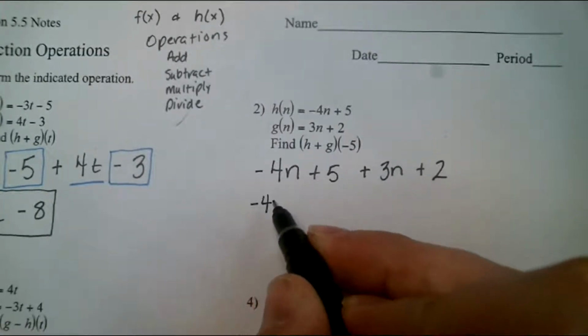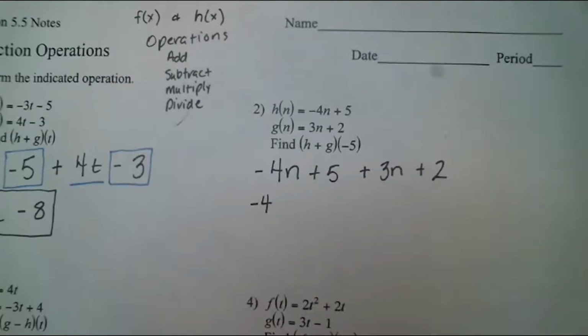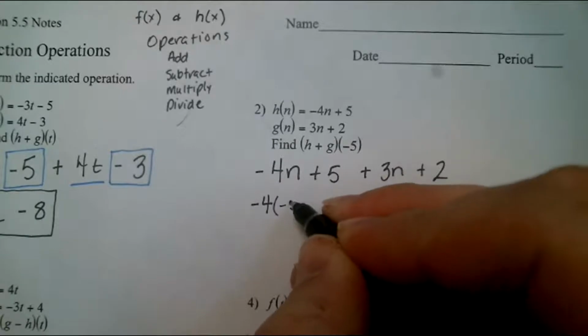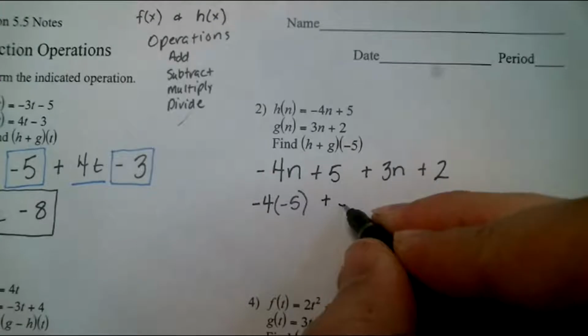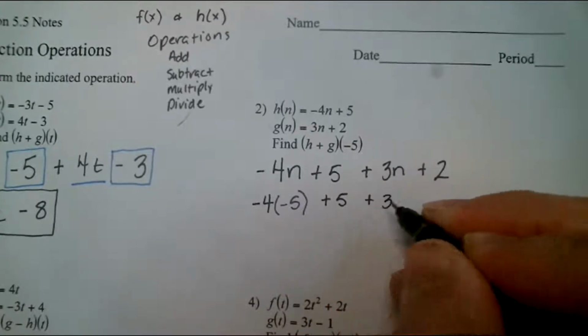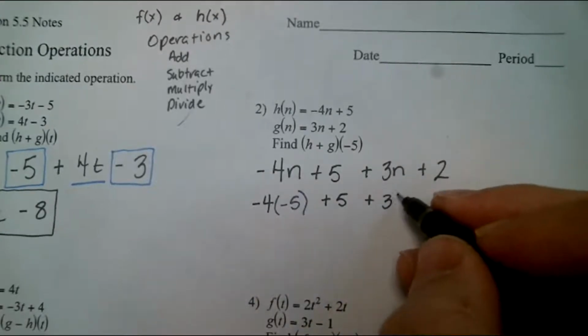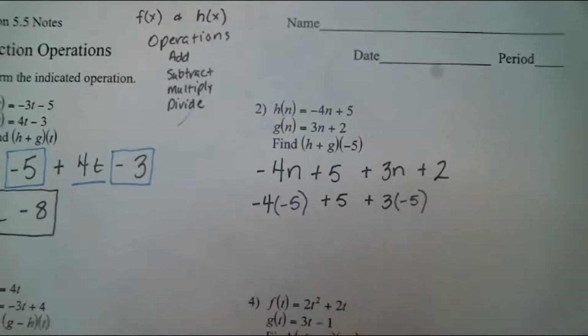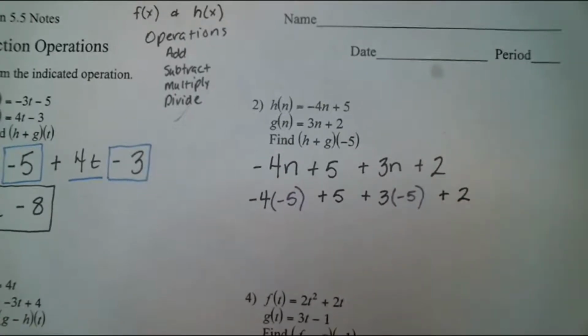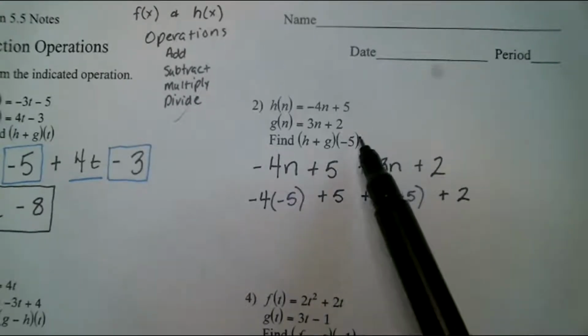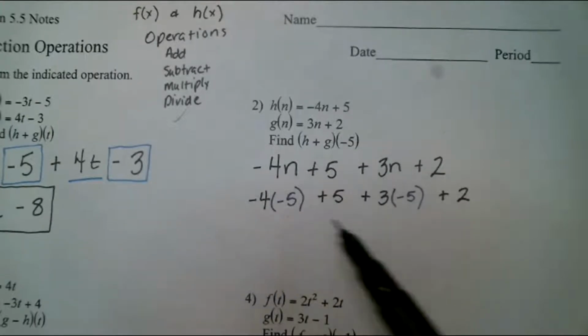So negative 4 times negative 5 plus 5 plus 3 times negative 5 plus 2. So we just substitute whatever's here in terms of negative 5 for that.